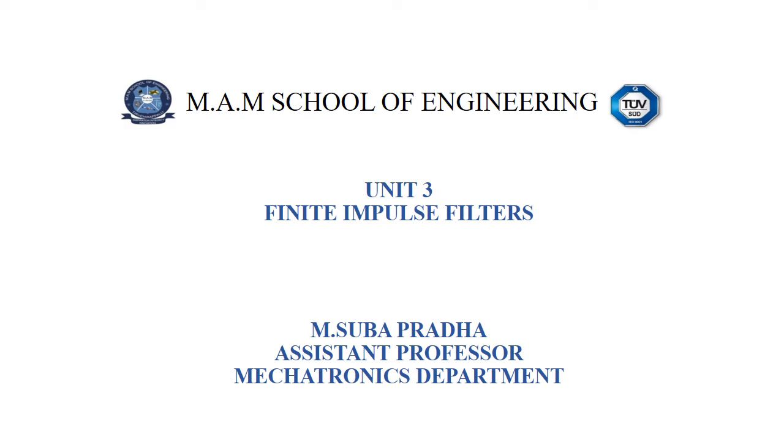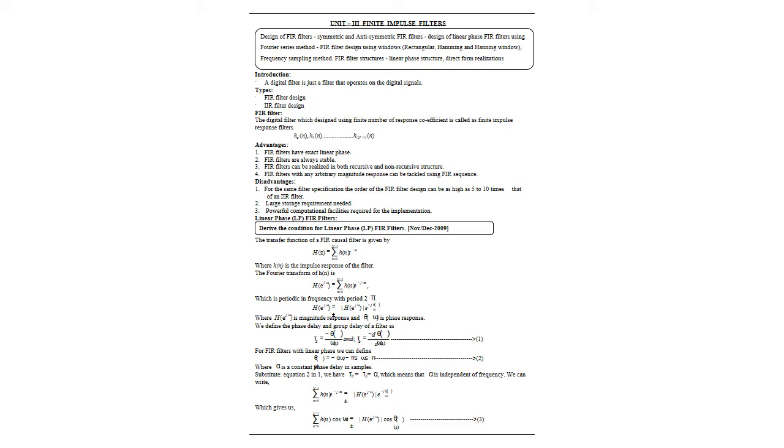Hi everyone. Here we are going to see about unit 3, that is finite impulse response filters. In this unit we are going to see about the design of finite impulse response filters, then symmetric and anti-symmetric FIR filters.